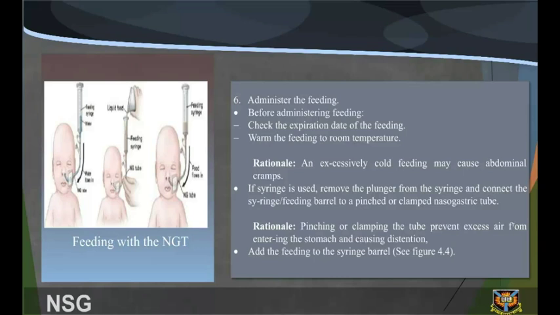If a syringe is used, remove the plunger from the syringe and connect the syringe or feeding barrel to a pinched or clamped nasogastric tube. Pinching or clamping the tube prevents excess air from entering the stomach and causing distension. Add the feeding to the syringe barrel.